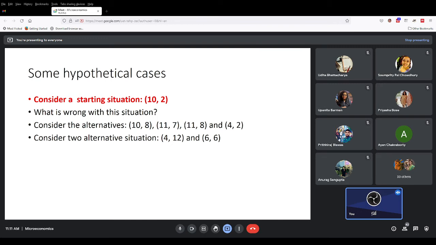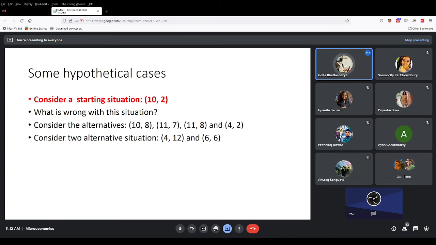Now look at this case, 4, 12 and 6, 6. Which of them is better? Is the choice similar to the earlier situation? So no. In 4, 12, one is worse off.